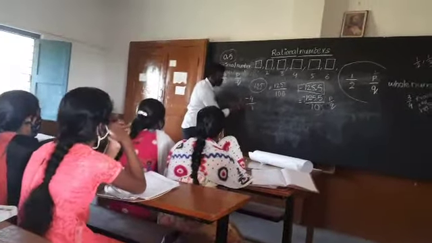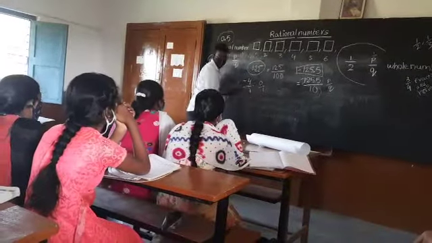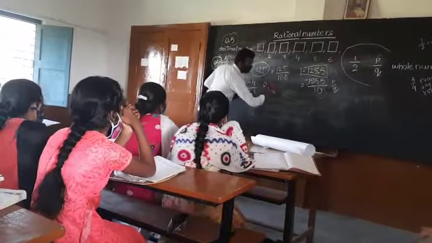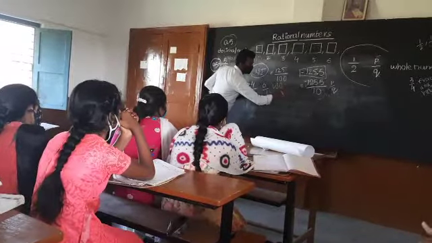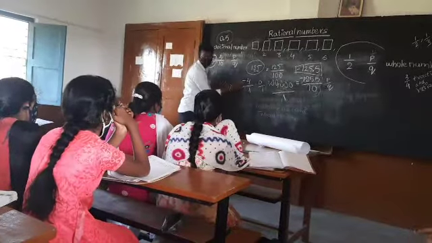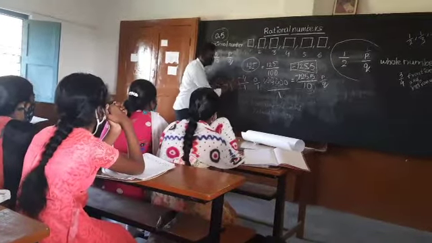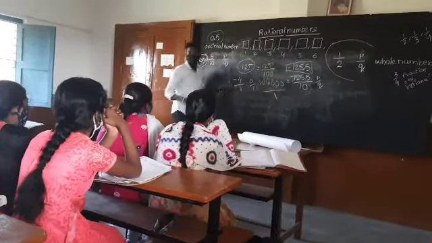Very good. Minus 4 by 1. Likewise 0 by 1. Likewise 1 lakh by 1. All these can be expressed in rational p by q form. All these are integers only.